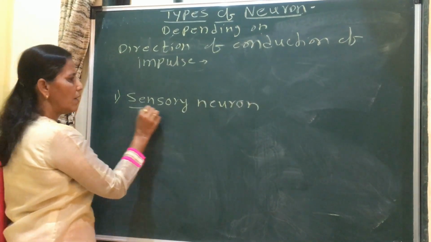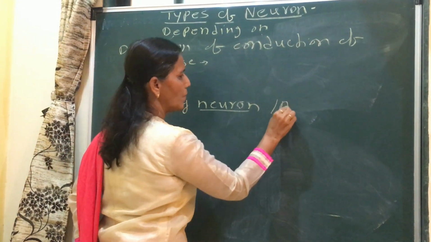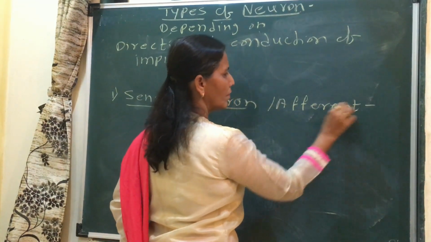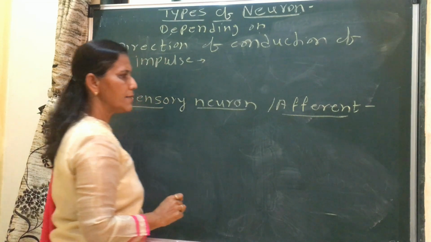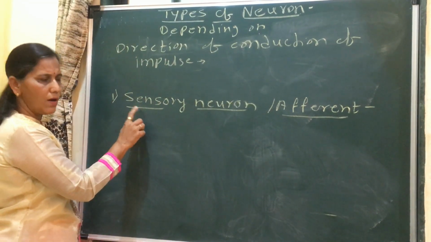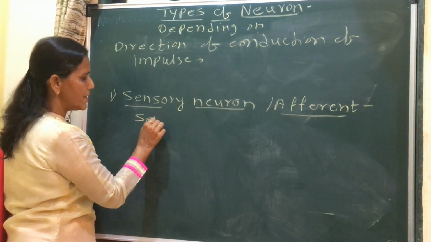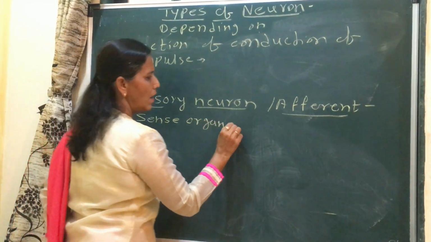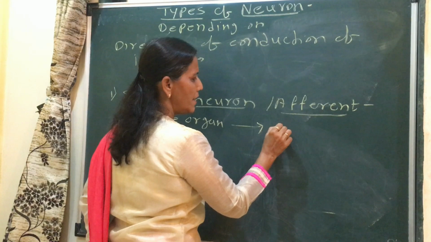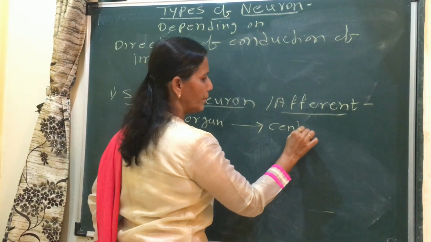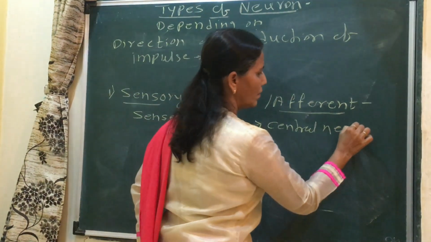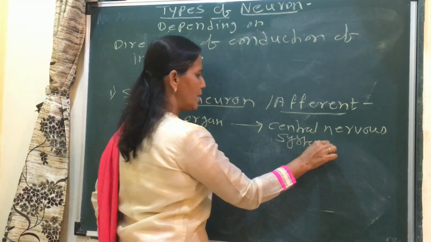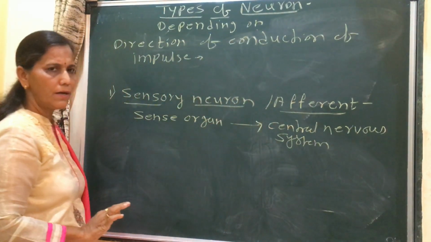This sensory neuron is also called the afferent neuron. Why is it called a sensory neuron? Because it carries impulse from the sense organ up to the central nervous system.